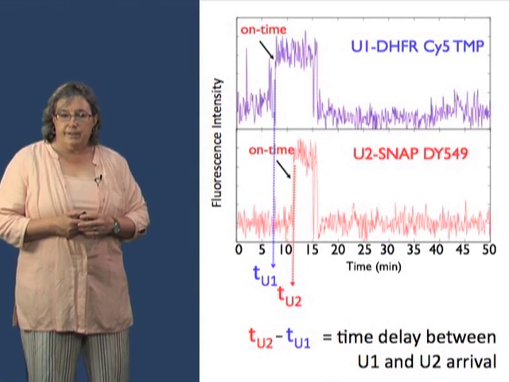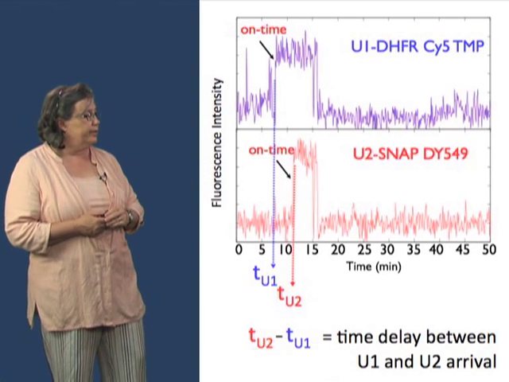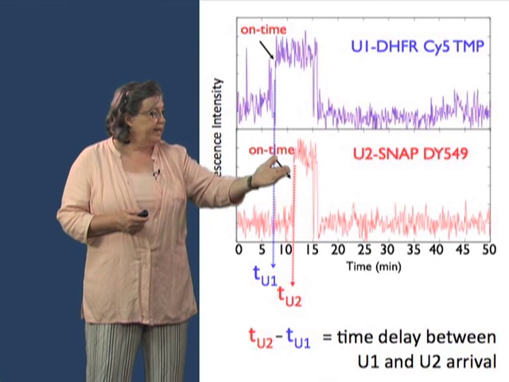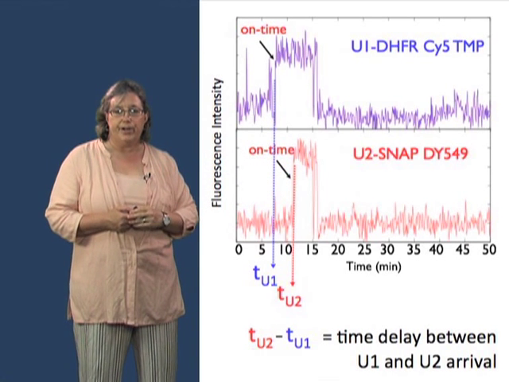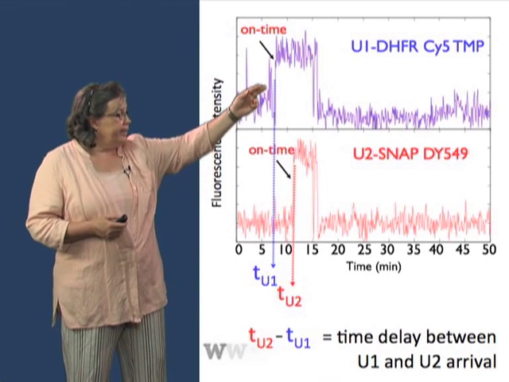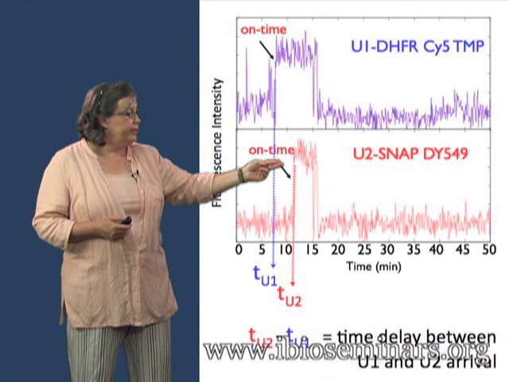And so here's what these data look like. Here again is one of these individual single molecule traces, but this is one pre-mRNA molecule where U1 and U2 came to the same pre-mRNA in the same extract. You can see very clearly that in this case, U1 came first and then U2 came.